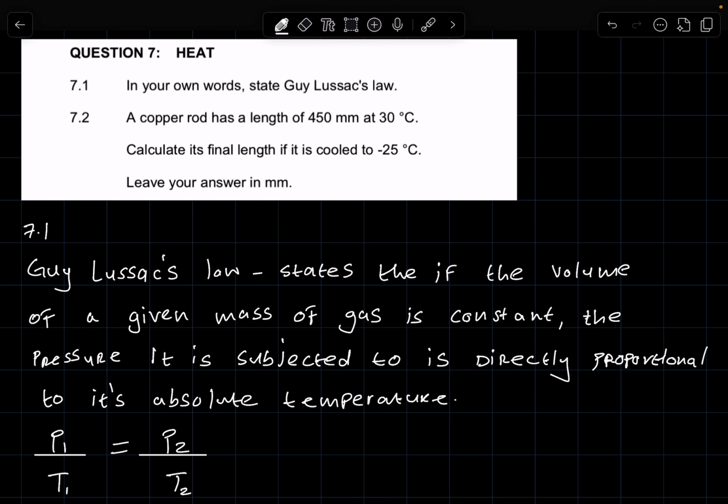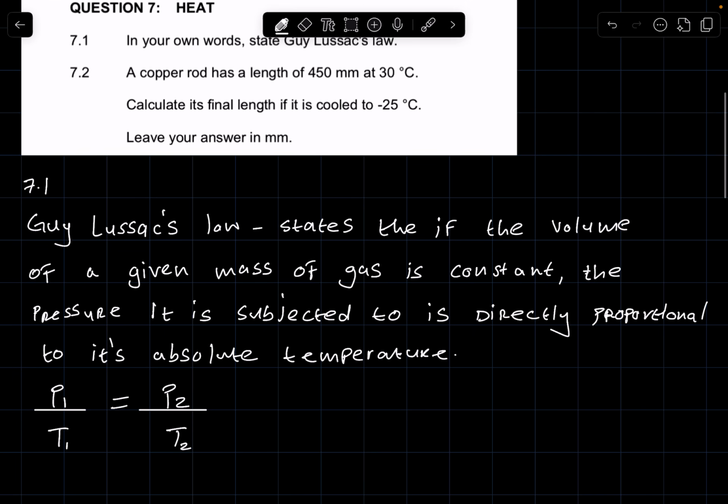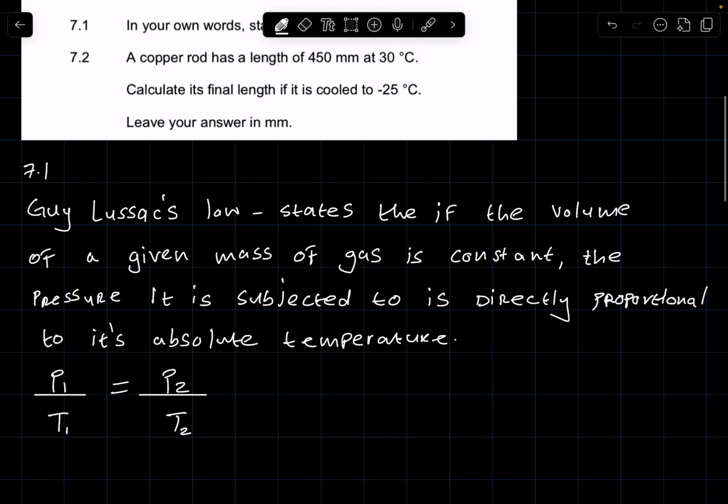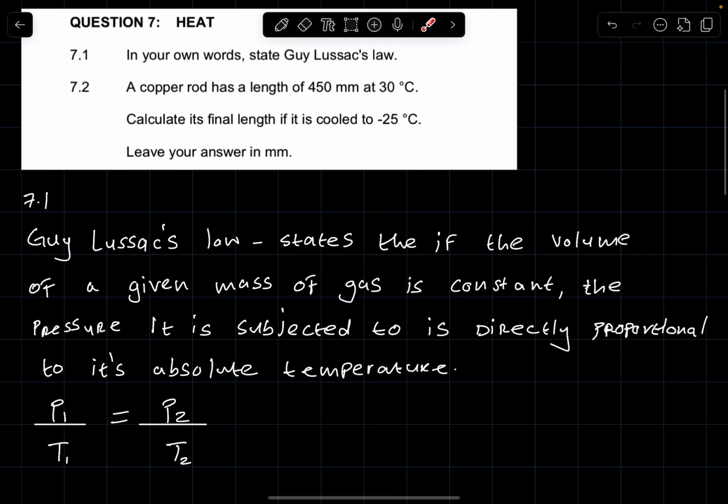So 7.2 reads as follows: a copper rod has a length of 450 millimeters at 30 degrees. Calculate the final length if it is cooled to 25 degrees. Leave your answer in millimeters. Like I said, in problems based on heat expansion for solids or liquids, it is important that you establish if heat is being gained or lost.